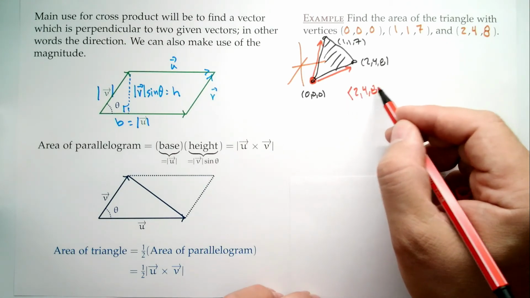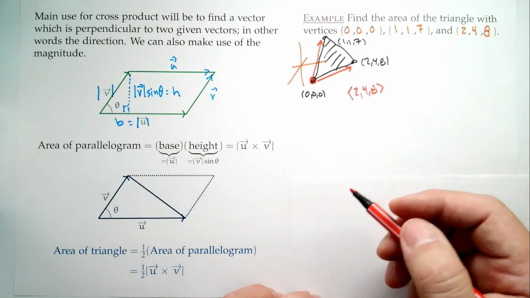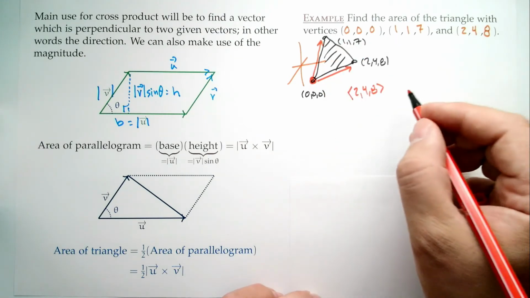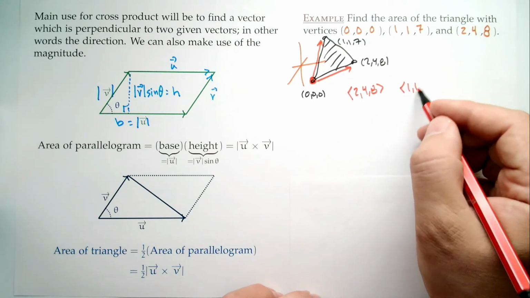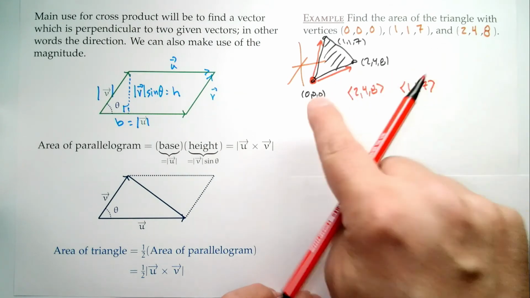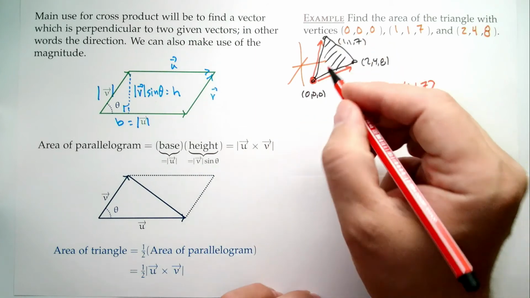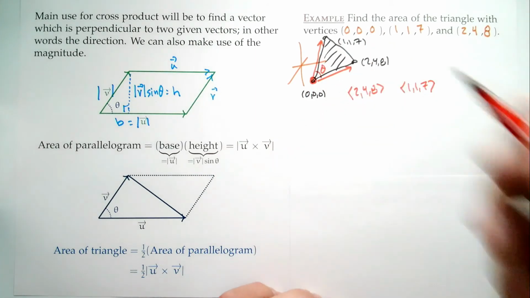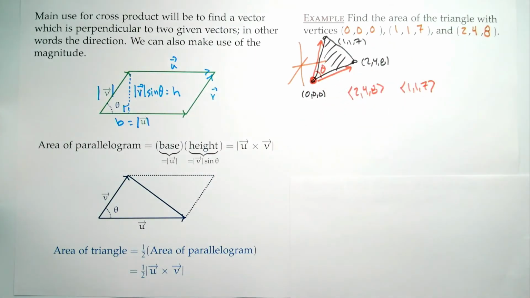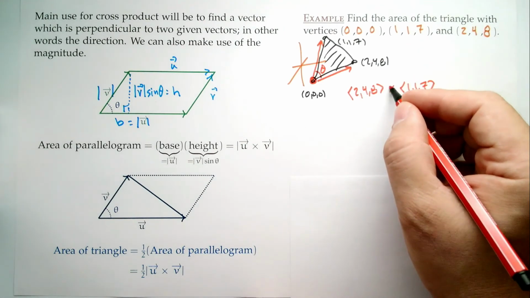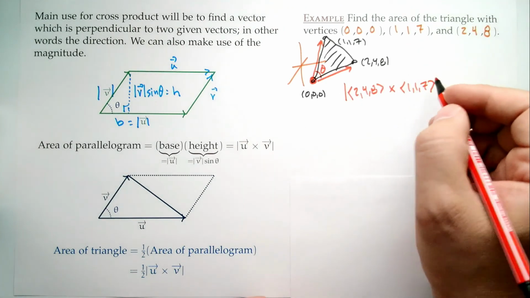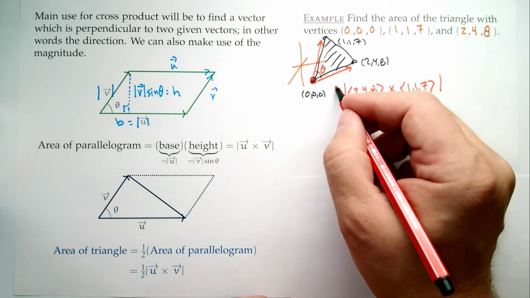The vector from 0, 0, 0 to 1, 1, 7, what is that vector? 1, 1, 7. So now I have 2 vectors, and the important thing is that they come together in the right way. So in other words, there's this angle theta here, as it should be. All right. Well, how do we finish? The answer is we take the cross product, take the magnitude of that, and divide by 2.